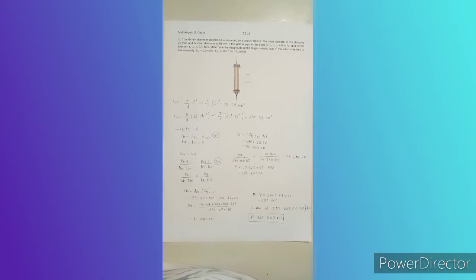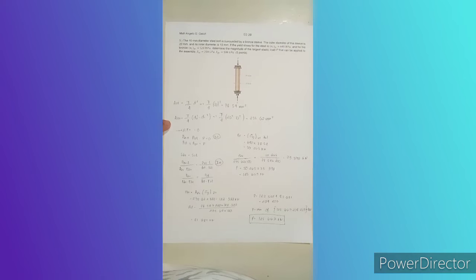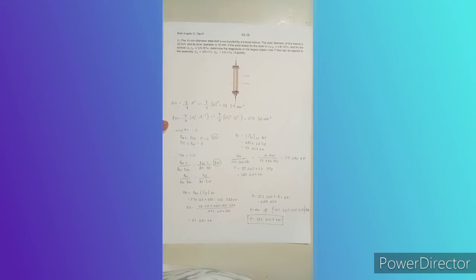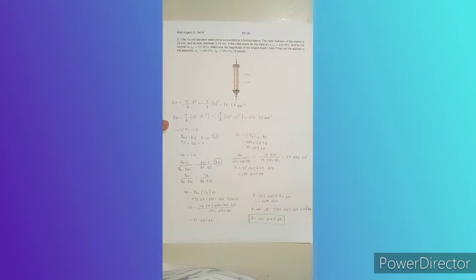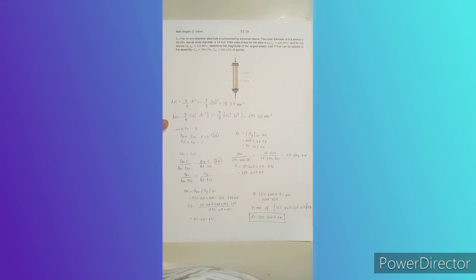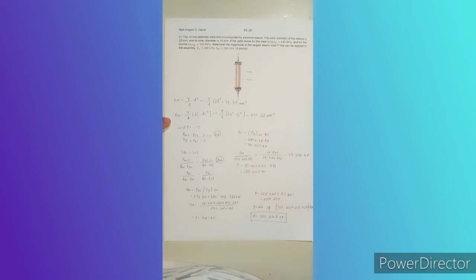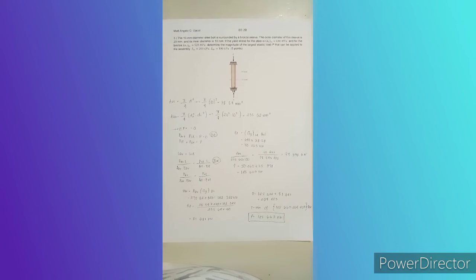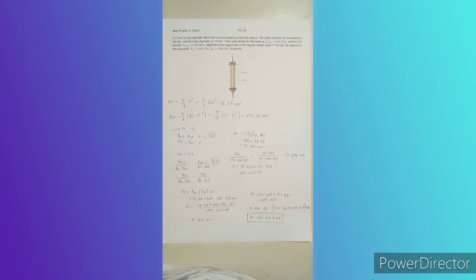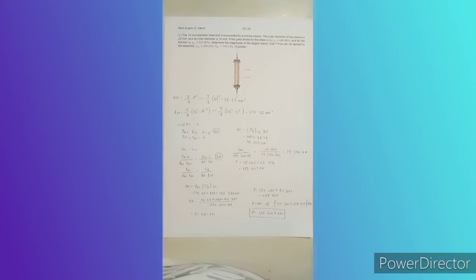So ABR is equal to pi all over 4 times the quantity of d squared minus di squared. So applying values to that formula, pi all over 4 times the quantity of 20 squared minus 10 squared is equal to 235.62 millimeter squared.